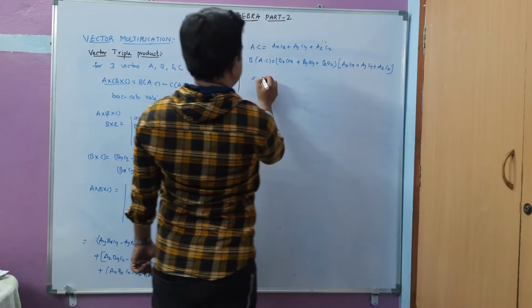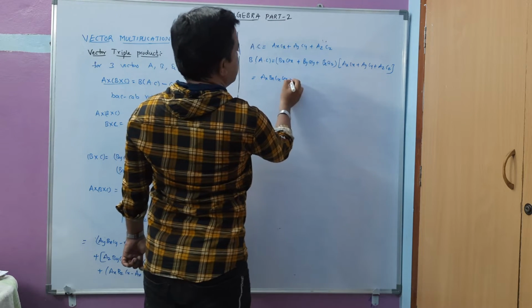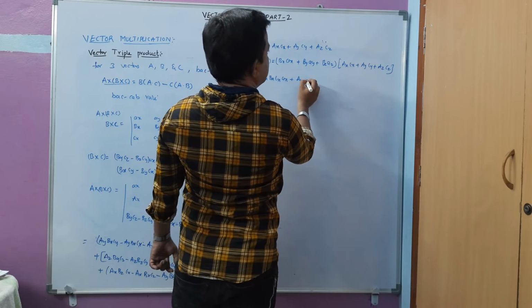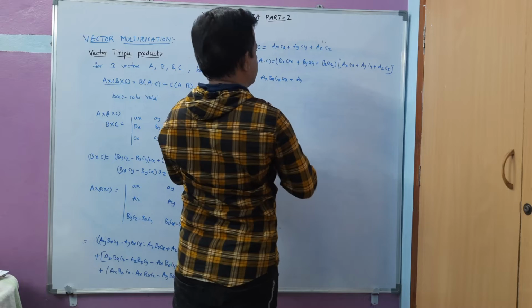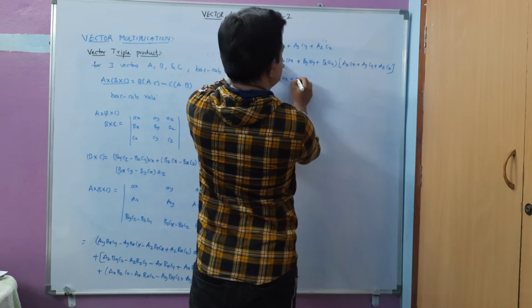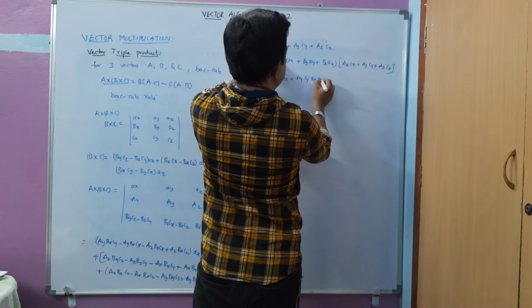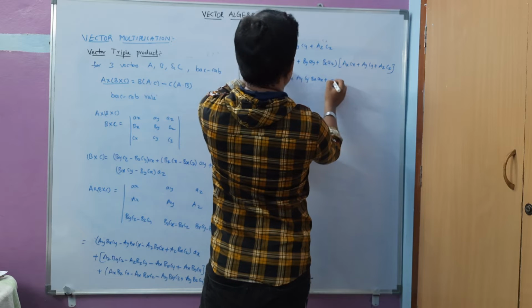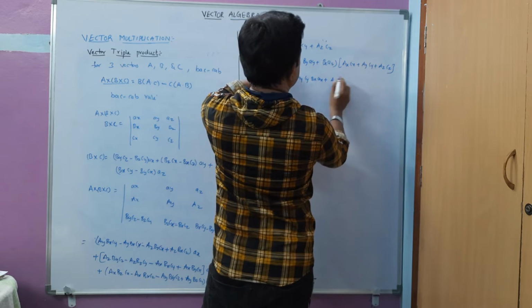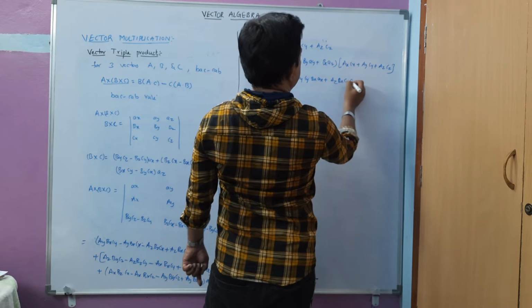What do I get here? AX BX CX into AX, plus next this one AY CY BX into AX, plus AZ BX CZ into AX.